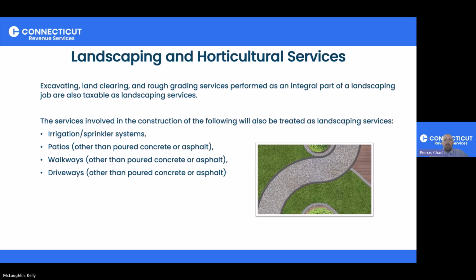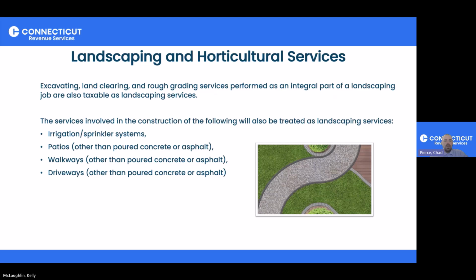So excavating, land clearing, and rough grading services performed as part of landscaping are taxable. If these services are being done as an integral part of landscaping, they're going to be taxable. One thing to think about is if you are excavating, land clearing, and rough grading with the intent to then put down hay and fertilizer to grow grass for a lawn, that is going to be a landscaping service, so that will be taxable.